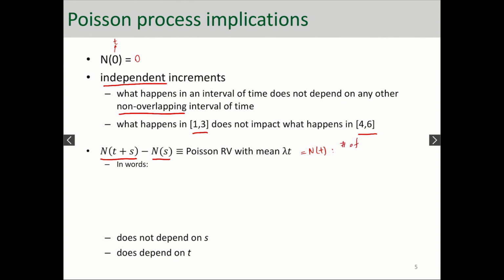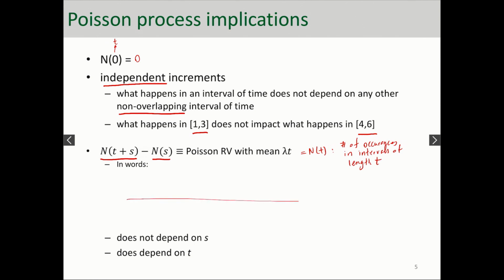Number of occurrences. I usually say arrivals because a lot of times we use that for modeling arrival processes, but you can think of any occurrence in an interval of length t.